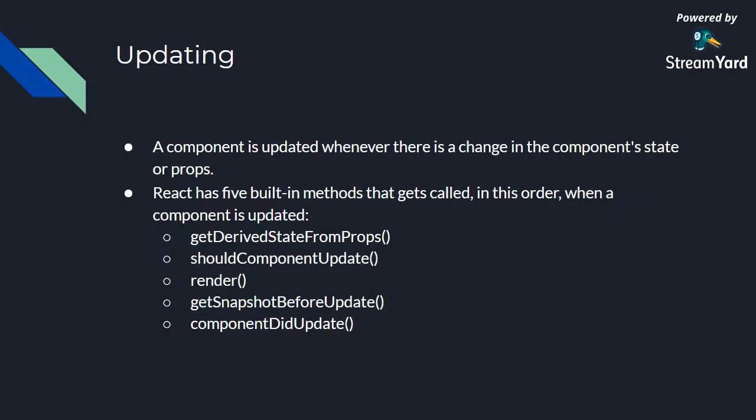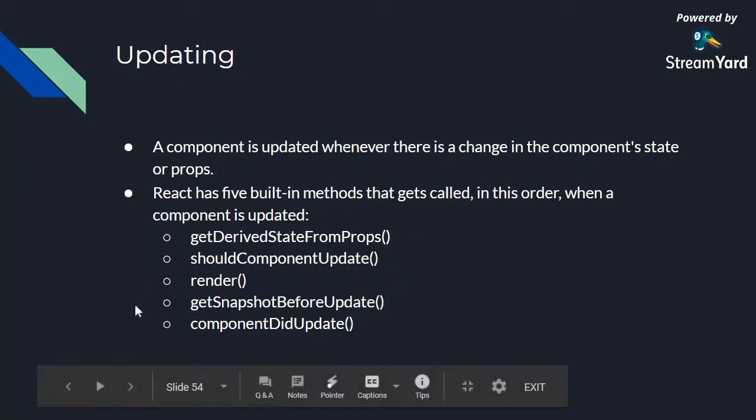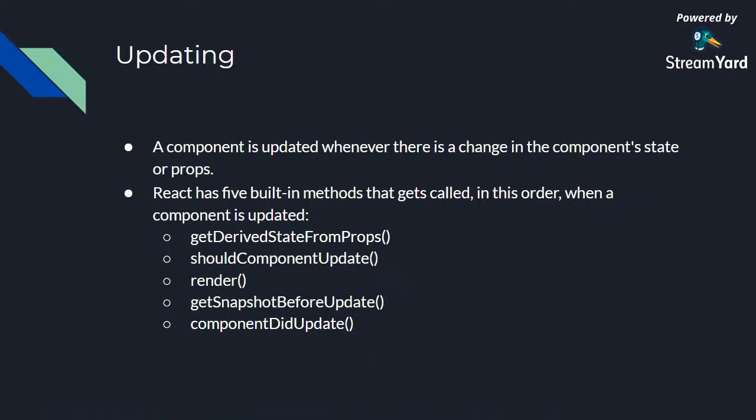The third is the render function. Of course, the render function is the function that is responsible for the page that you see on the screen. The fourth function we have is getSnapshotBeforeUpdate. This particular function is used to get the value of the previous props or previous states before updating.